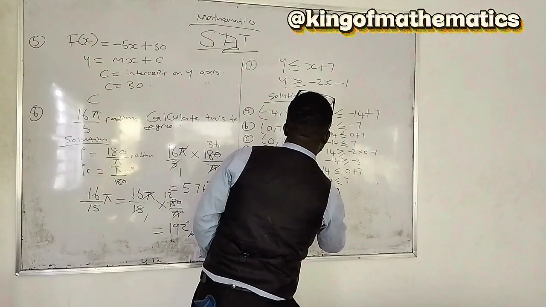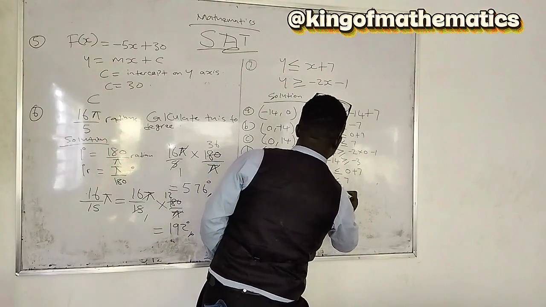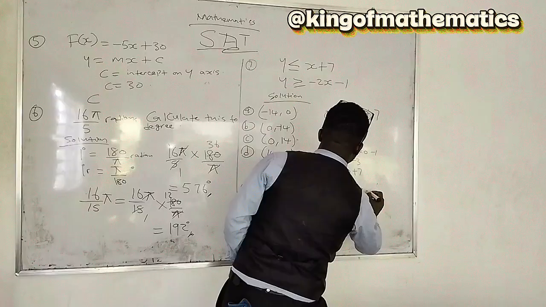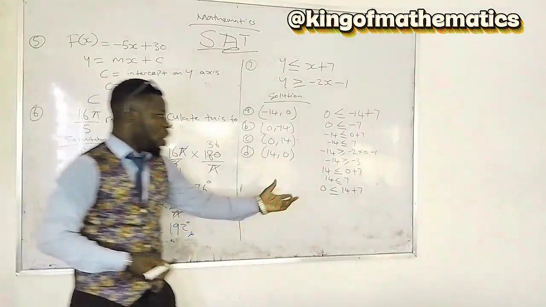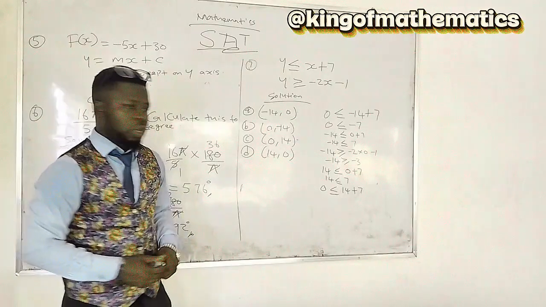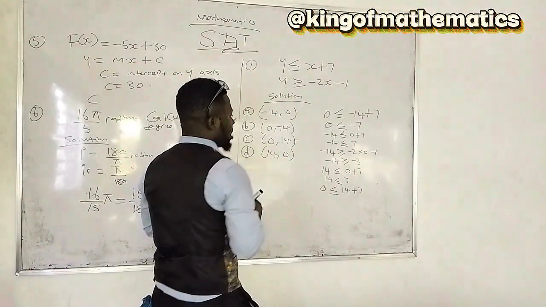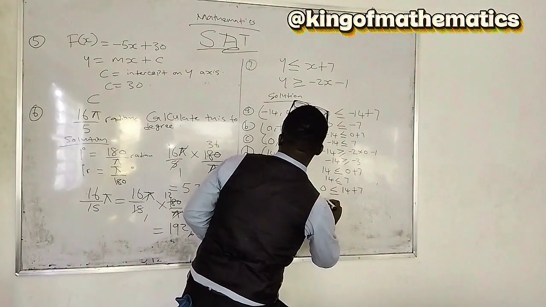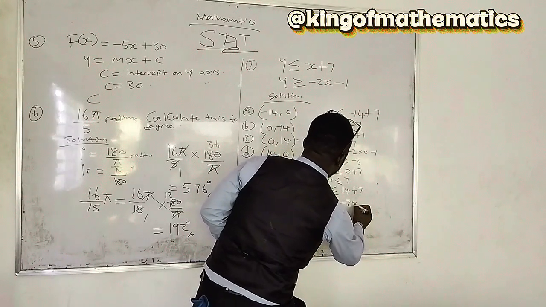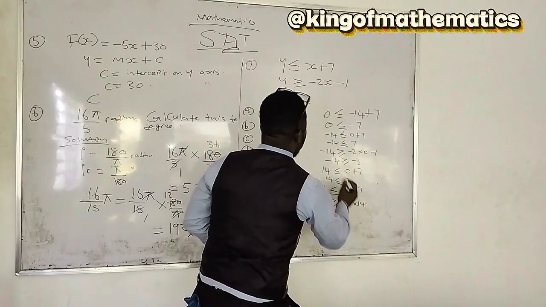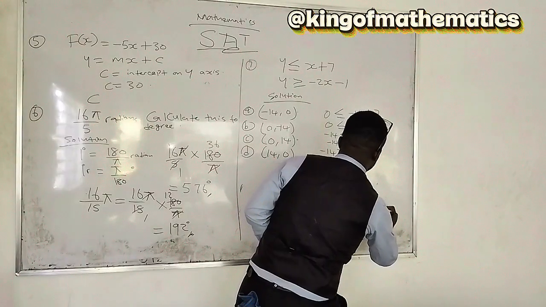That means we have 0 less than or equal to 14 plus 7. And you check 14 plus 7, that will give us what? 21. Obviously, 0 is less than 21. So that's correct. Let's check for the second one. 0 greater than or equal to minus 2 times 14, then minus 1.